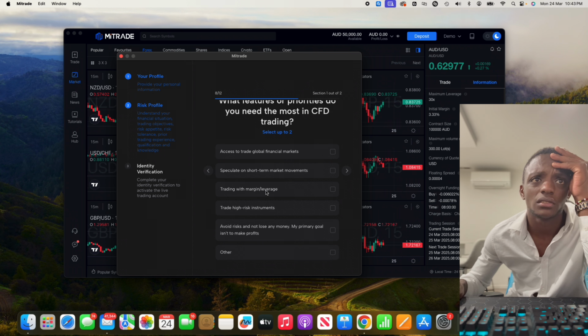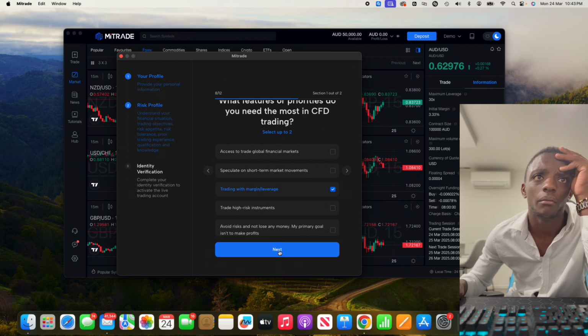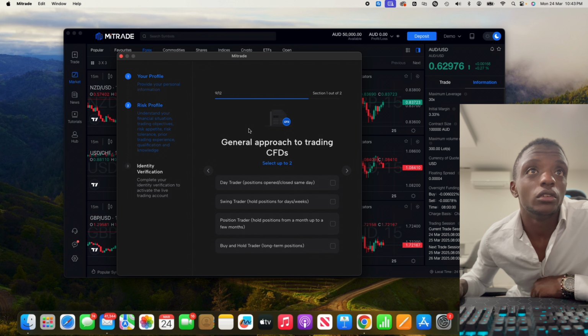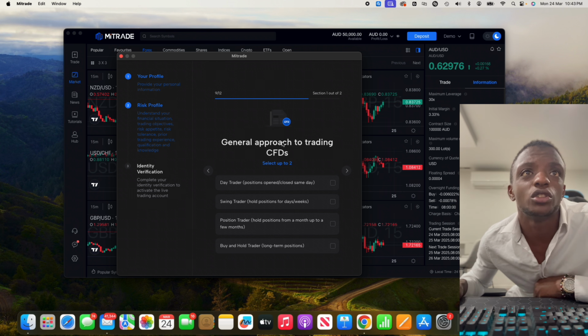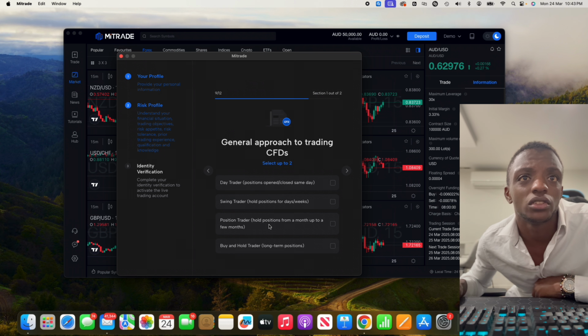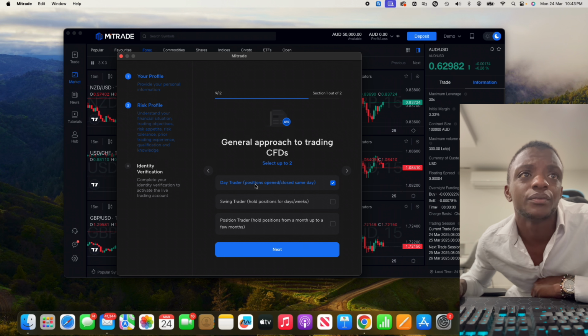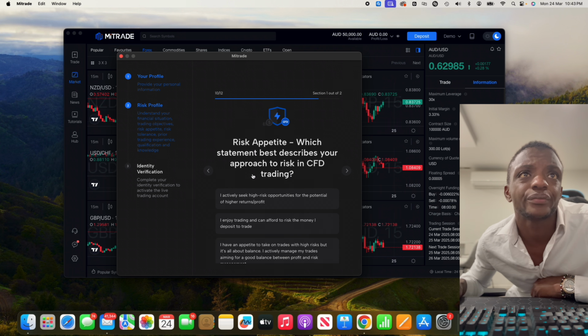Pretty sure it's this, margin and leverage. I'll click that, but if I'm wrong, then I'm wrong. General approach to trading CFDs is day trader, positions, hold position for up to a month. So pretty much it's normally going to be day trading.